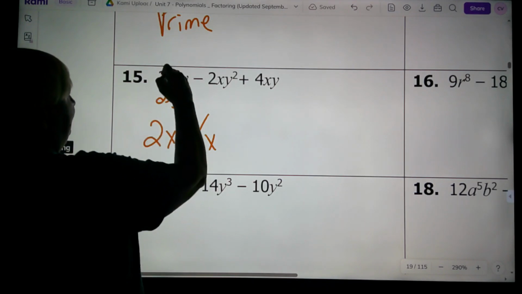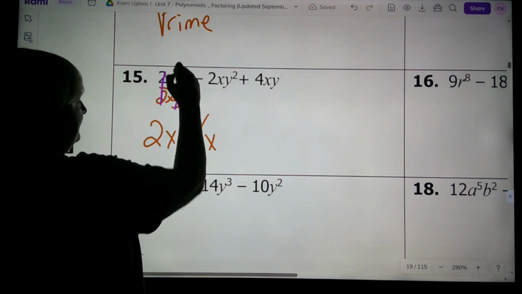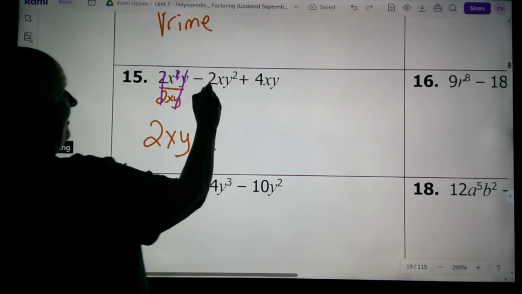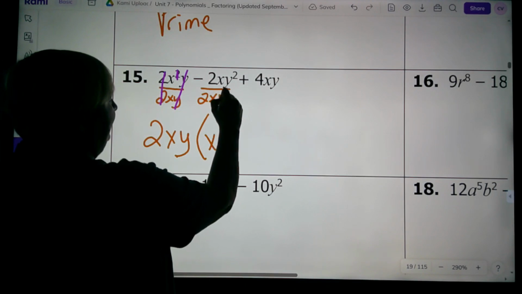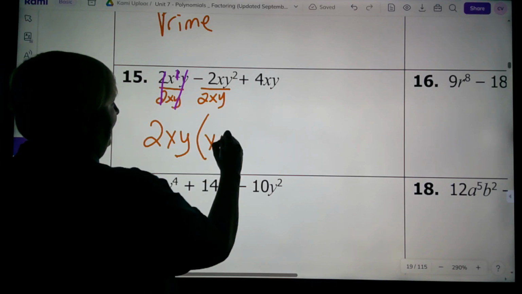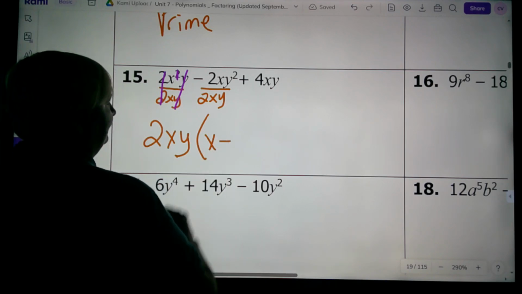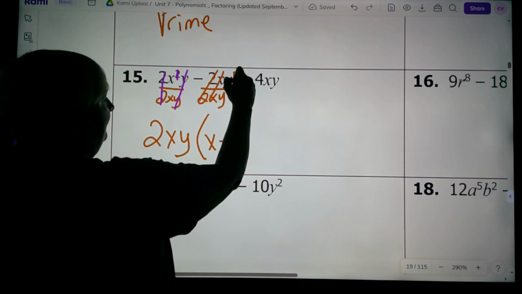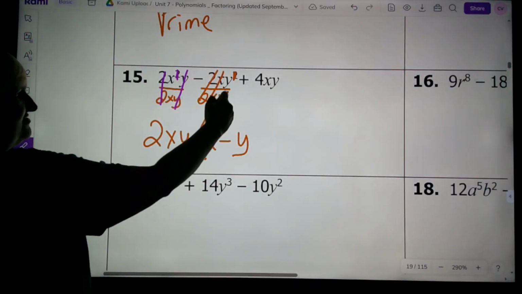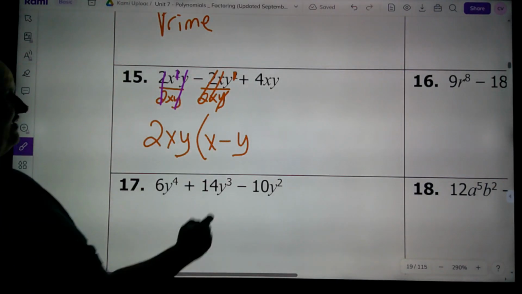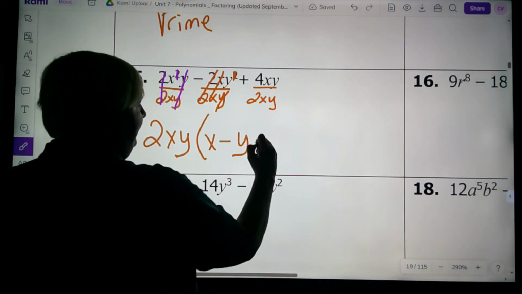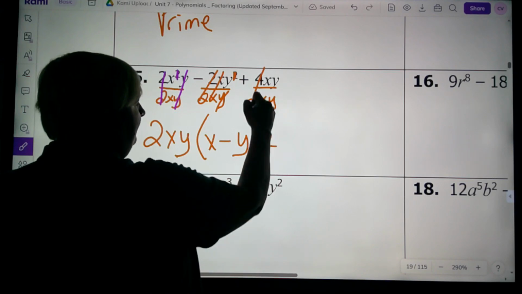Because these cancel and this becomes a 1. And if I divide this by 2xy, I'm left with negative y, right, because that canceled. And then if I divide this by 2xy, I'm left with positive 2.